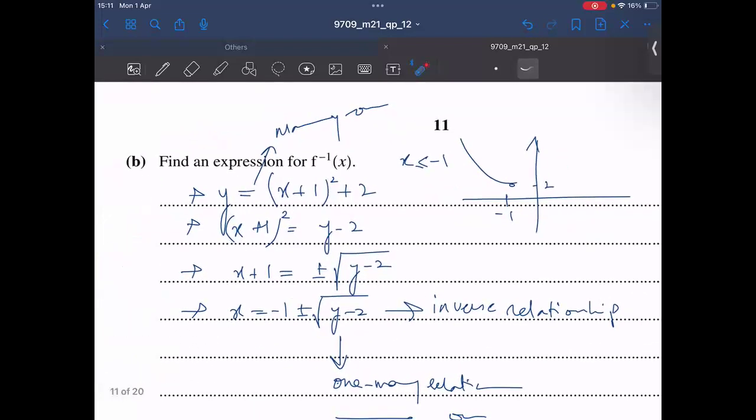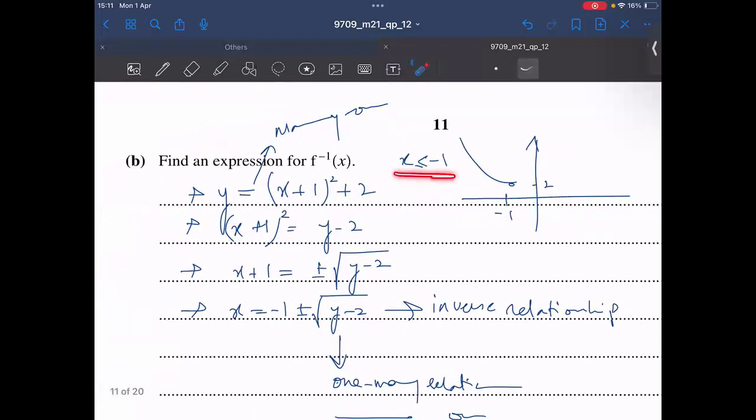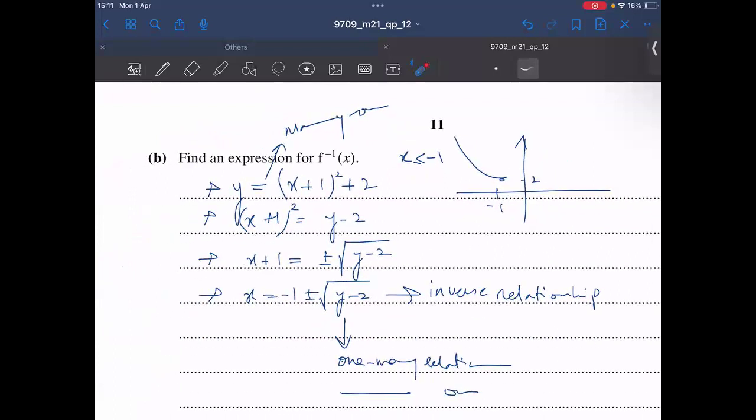So just by making some changes to the domain, for this domain you don't have this as a many-to-one relationship. Now, for this domain, you have this relationship as a one-to-one relationship.